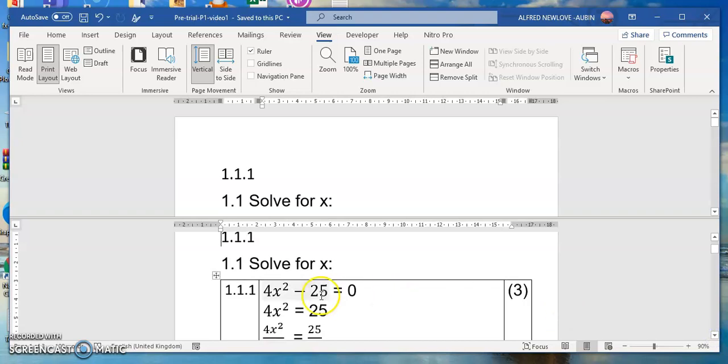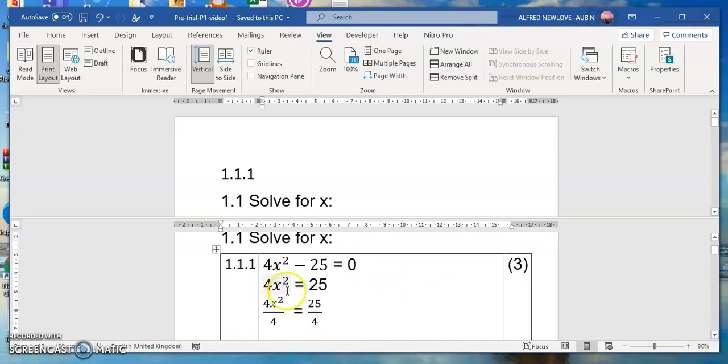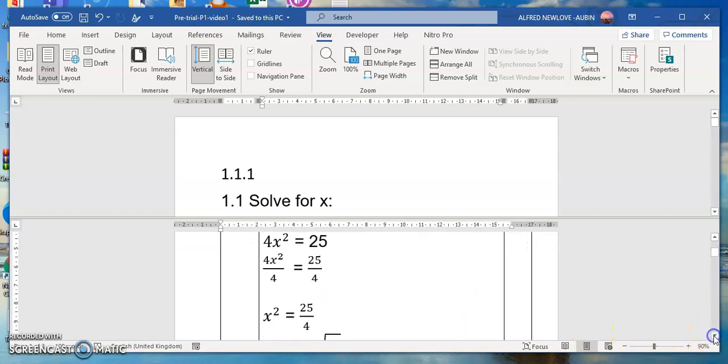What you need to do is, this is minus 25, so you transpose it, it's going to be plus 25. Then we need to transpose this 4. So you divide both sides by 4 because it's multiplying. So you divide the left hand side by 4 and this side also by 4. And when you do that, let's use our calculator here.